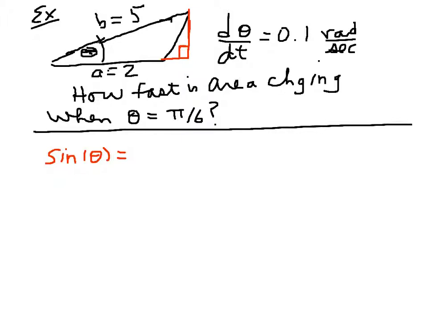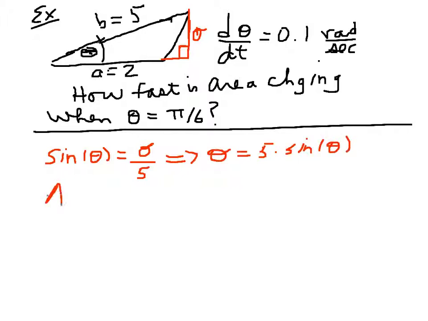Call this o for opposite. So sine of theta is opposite over 5. And what that means then is that this opposite side, which is really the altitude of the triangle, is equal to 5 times the sine of theta.